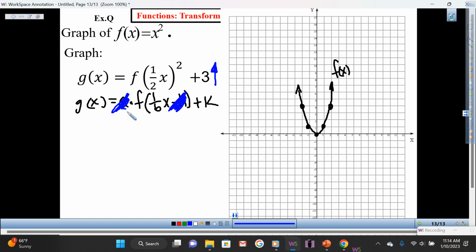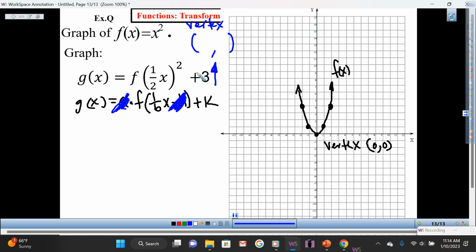Now check this out. We're going to do a prediction. This right here is our what? Vertex. And that is at 0, 0. So we're going to predict where we're going to end up with for this one. In blue, right above it or on the side, I want you to write vertex for the last transformation.